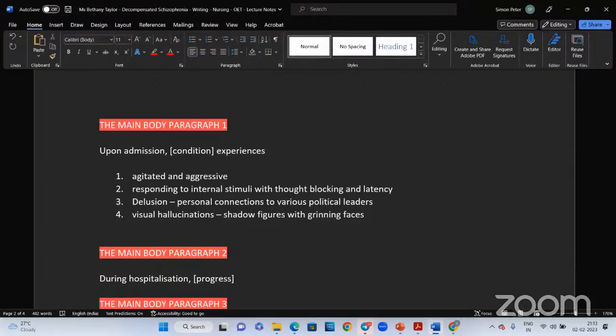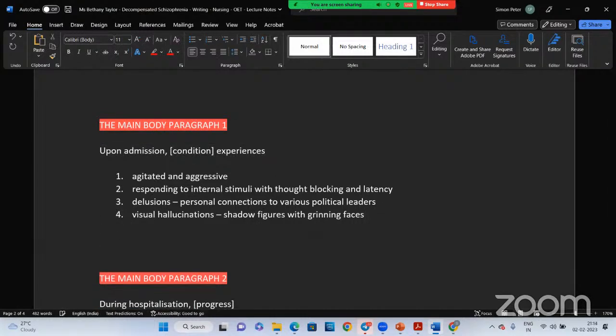Then she is experiencing delusions and visual hallucinations. So these are the points which you have to discuss. Let us think about these 4 things. Remember the upon admission paragraph: this is the condition upon admission.